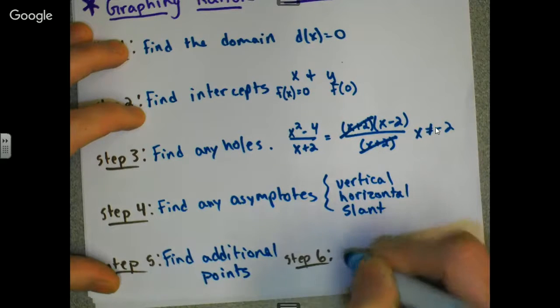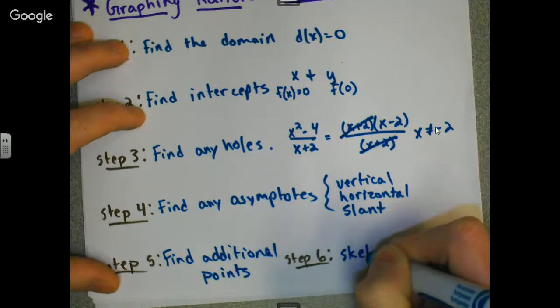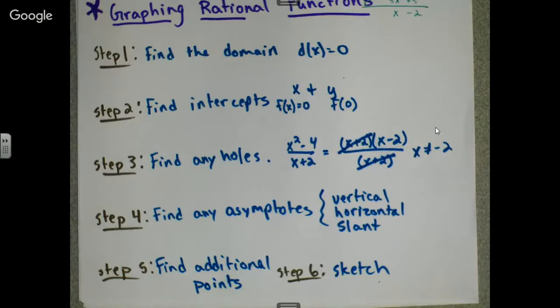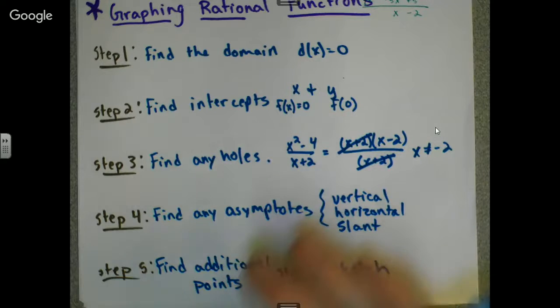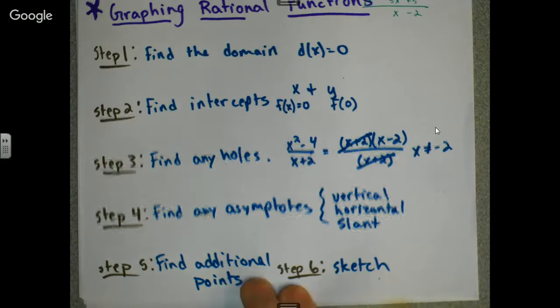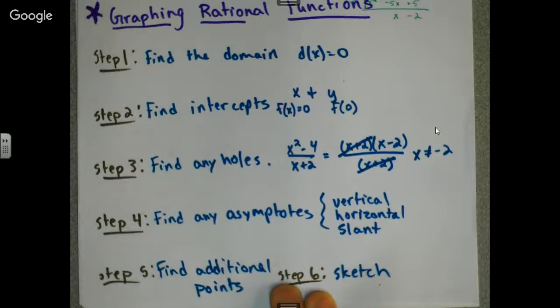And step 6 is sketch. So these are the 6 steps that I want to see outlined when you do these types of problems. Keep this handy, and we'll come back to it as we're graphing these.